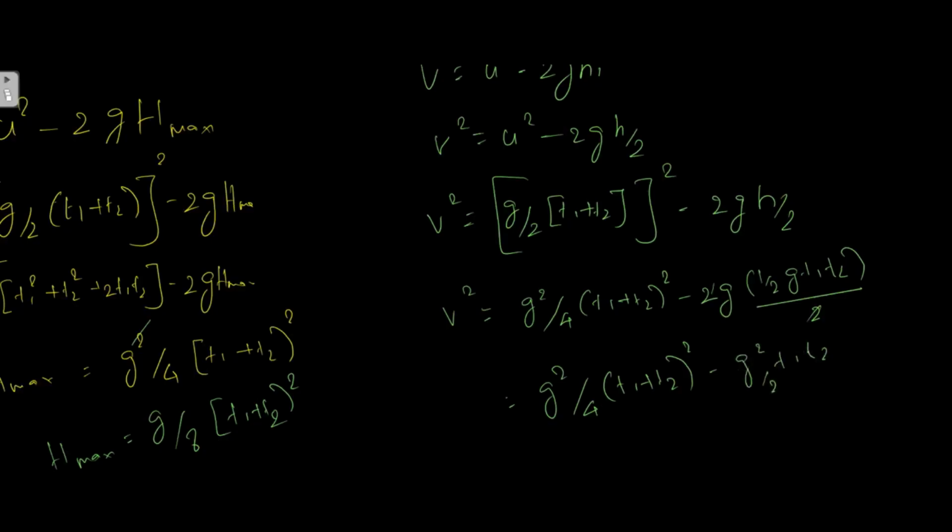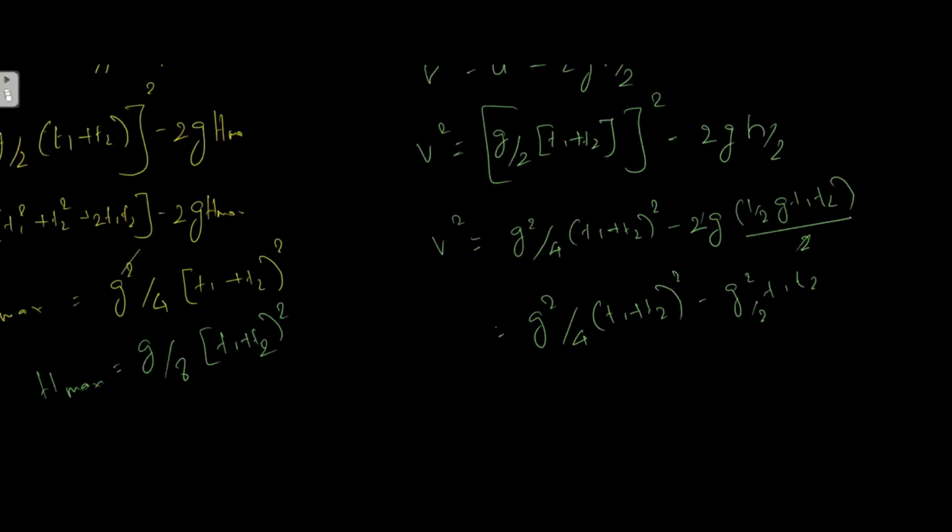This is the final form. Expanding this, g squared by 4 (t1 square plus t2 square plus 2 t1 t2) minus g squared by 2 t1 t2.